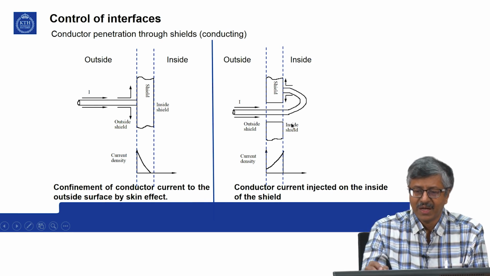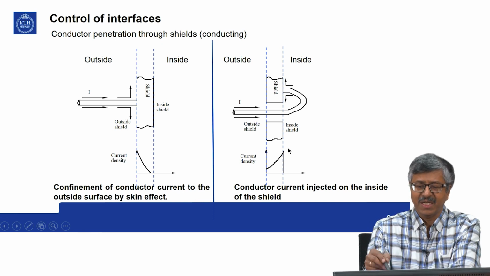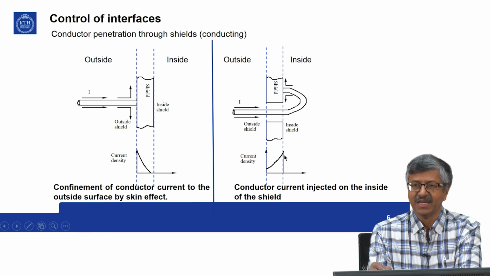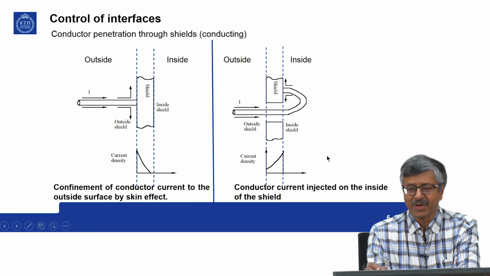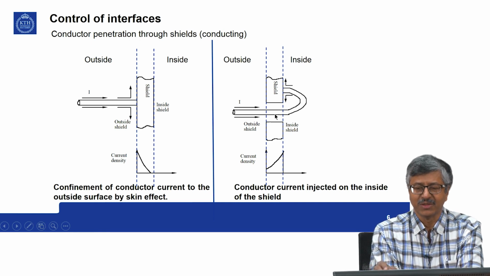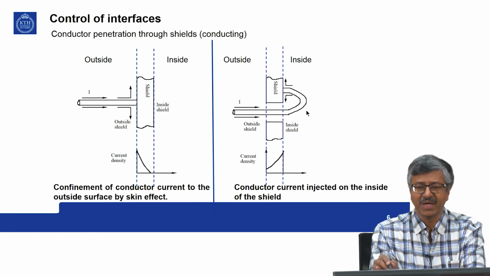If you see the current density, the maximum current density or noise current is inside and it will radiate further. So, you are completely destroying the zoning by having this conductor coming inside. This needs to be avoided.